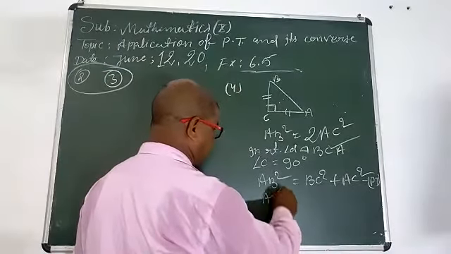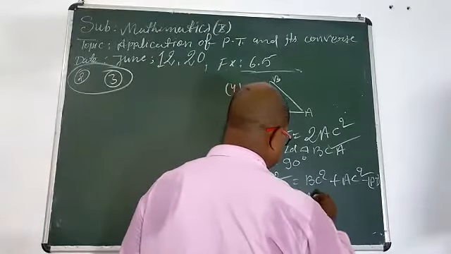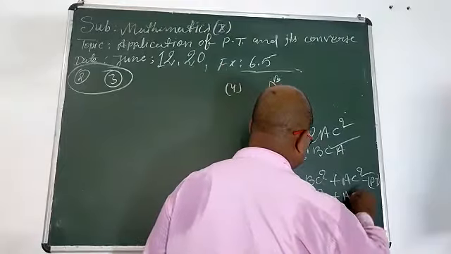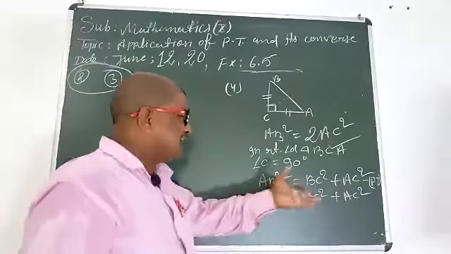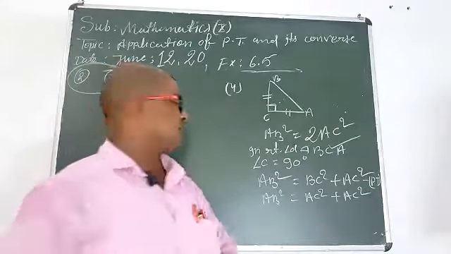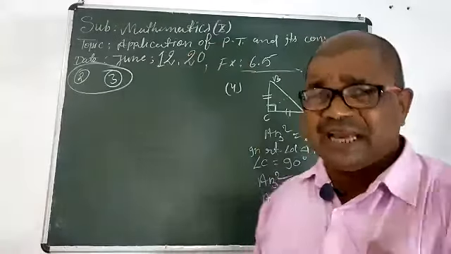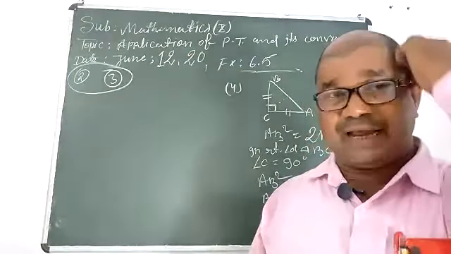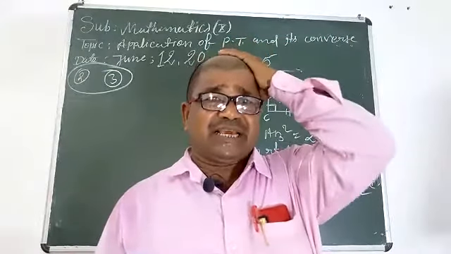Now, AB square equals AC square plus AC square. Why are you writing AC square plus AC square instead of BC square plus AC square? Because we know that AC equals BC.